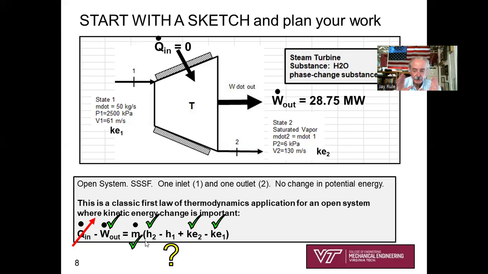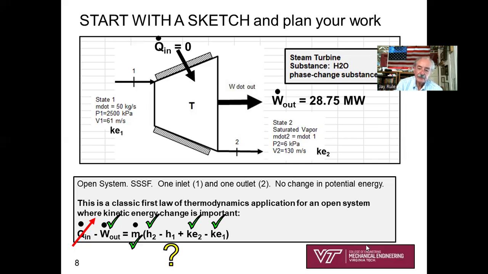This should come to your head nearly immediately, I hope. Here we go. Q dot in minus W dot out equals m dot, there's only one m dot, times the quantity h2 minus h1, outlet minus inlet, plus kinetic energy 2 minus kinetic energy 1, outlet minus inlet.